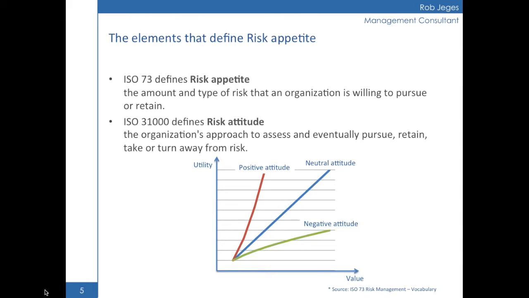So a dollar is a fixed unit. It's objective, but it has different utility, different people. If it's my last dollar, then it is very important to me. If I'm a millionaire, then it doesn't really matter. So that is an important concept to bear in mind. The reason for that is that when we set up the various parameters of risk appetite, like tolerance and the target, we are blind.